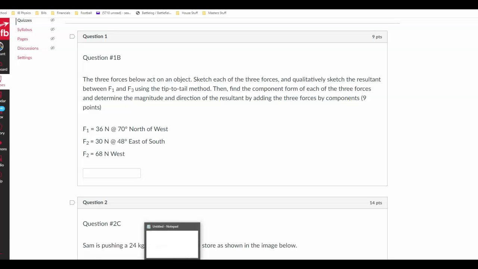Okay, and so just to get us started, I'm going to write down these vectors. We have F1 is 36 newtons, that's 70 degrees north of west.